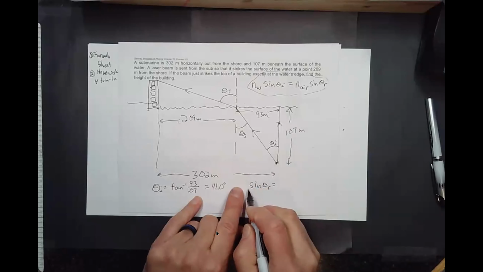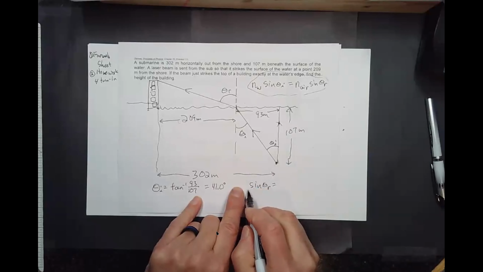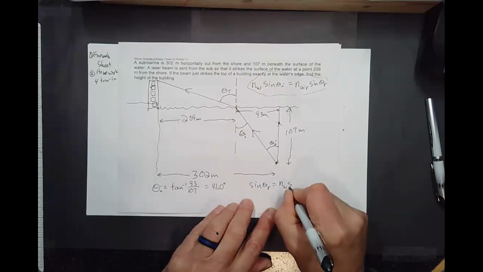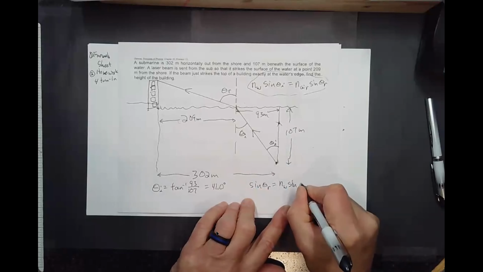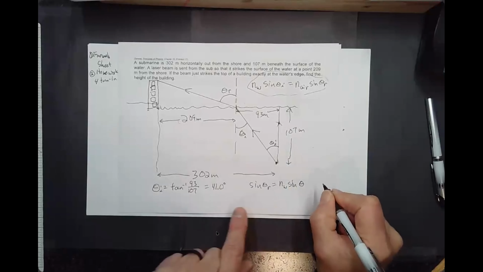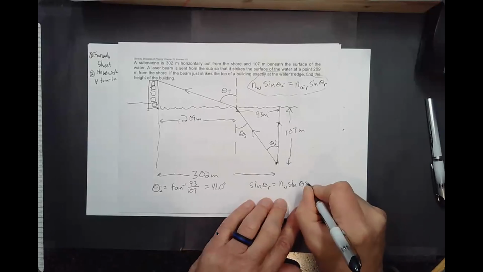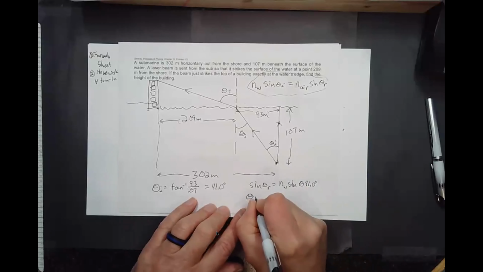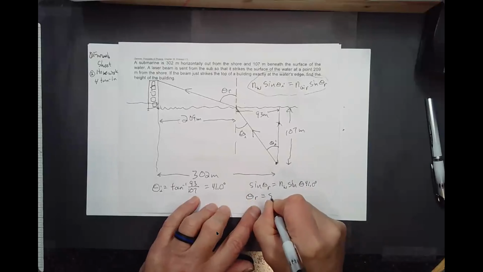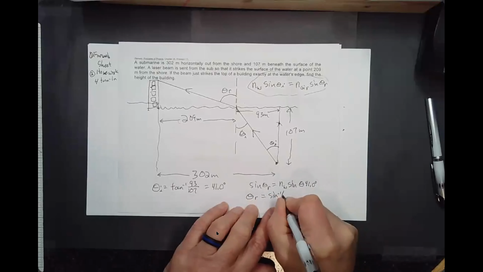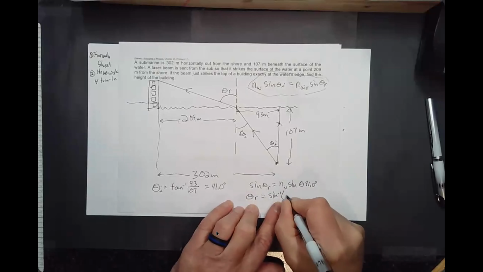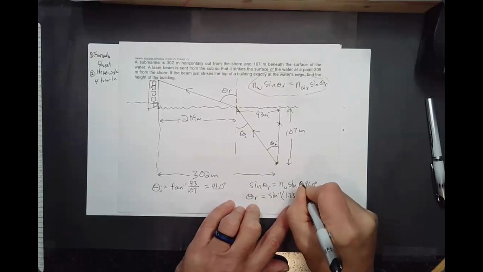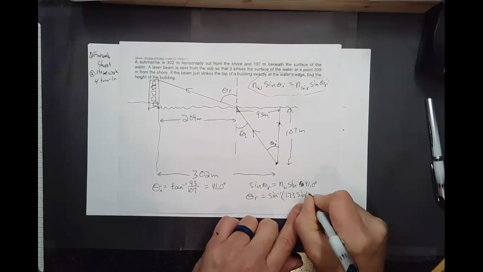Anyway, sine theta sub R. The N1 is understood here that it's 1. Is going to equal the index of refraction of the water times the sine of theta sub I, which we just figured out, 41.0 degrees. And so theta sub R will equal inverse sine of 1.33 times sine of 41.0 degrees.